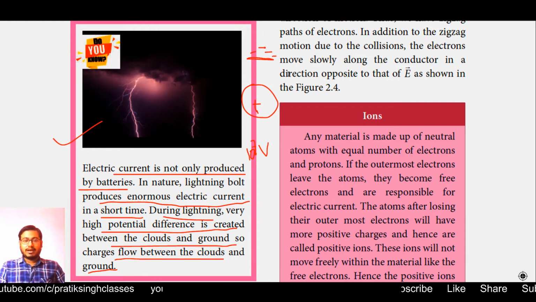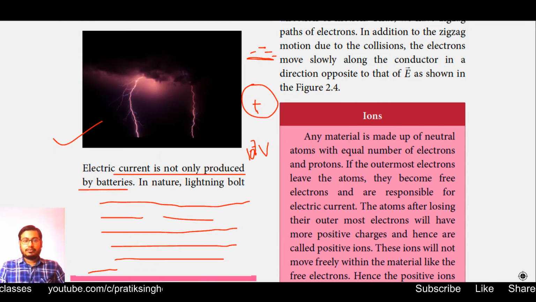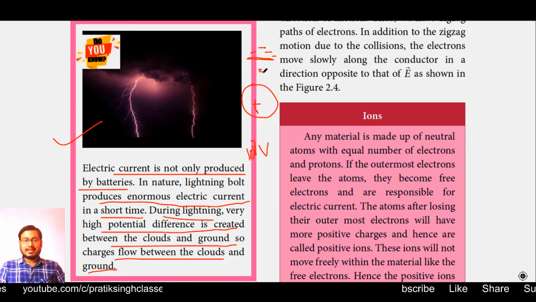So what really happens here is, on your screen you can see the gap between the cloud and the earth surface. It is filled with air molecules, and this ionizes, and because of the ionization of charges, the ionized air becomes a good conductor of electricity, and because of that a very high amount of negative charge instantly flows to the ground to make it neutral, and this very high amount of charge, or very high potential difference, reaches zero in just a short span of time.